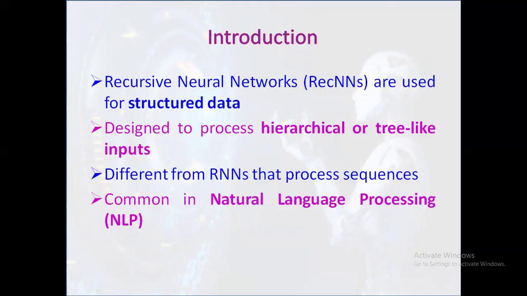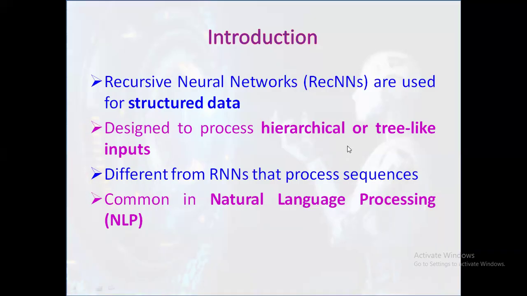Recursive neural networks are special neural network models designed to work with data that has an internal structure rather than a simple order. Unlike a normal neural network that processes flat input, recursive neural networks can understand how parts are connected, such as words forming phrases or objects forming a scene.